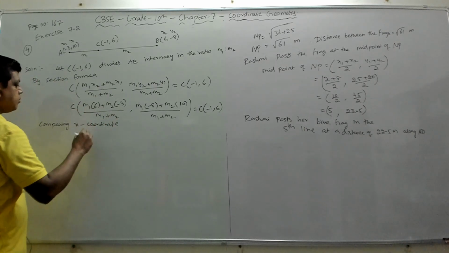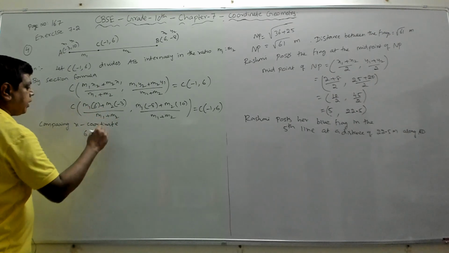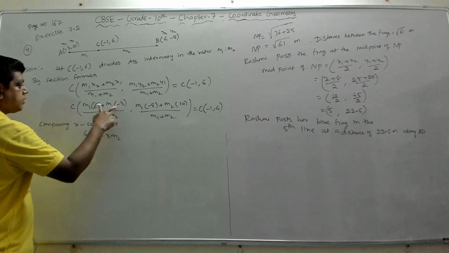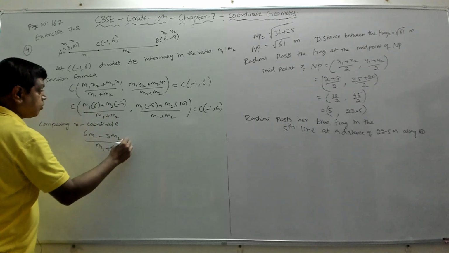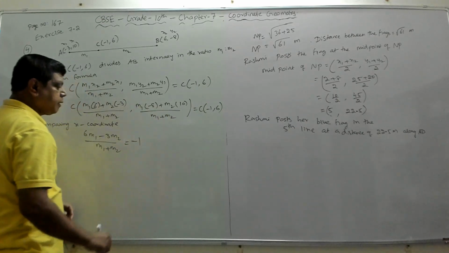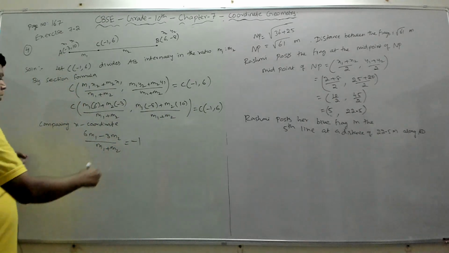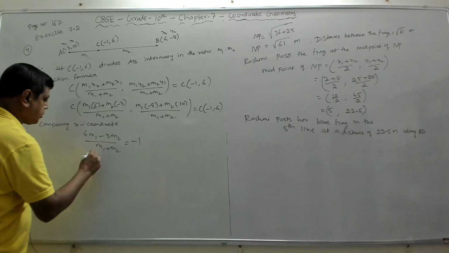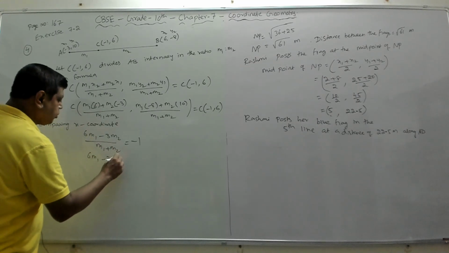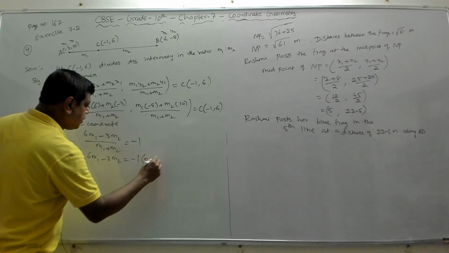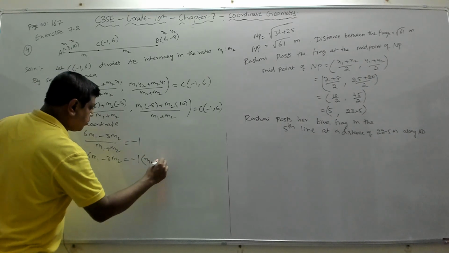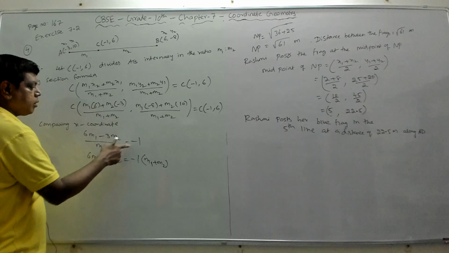So then this becomes 6m1 minus 3m2 by m1 plus m2 is equal to -1. Now we get 6m1 minus 3m2 equal to -1 into m1 plus m2. So this will go here and multiply with -1.